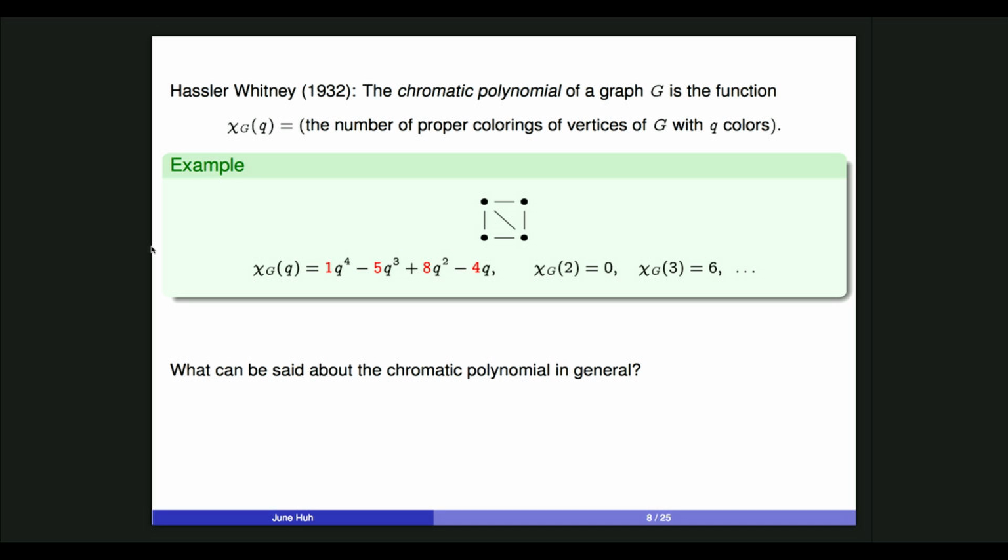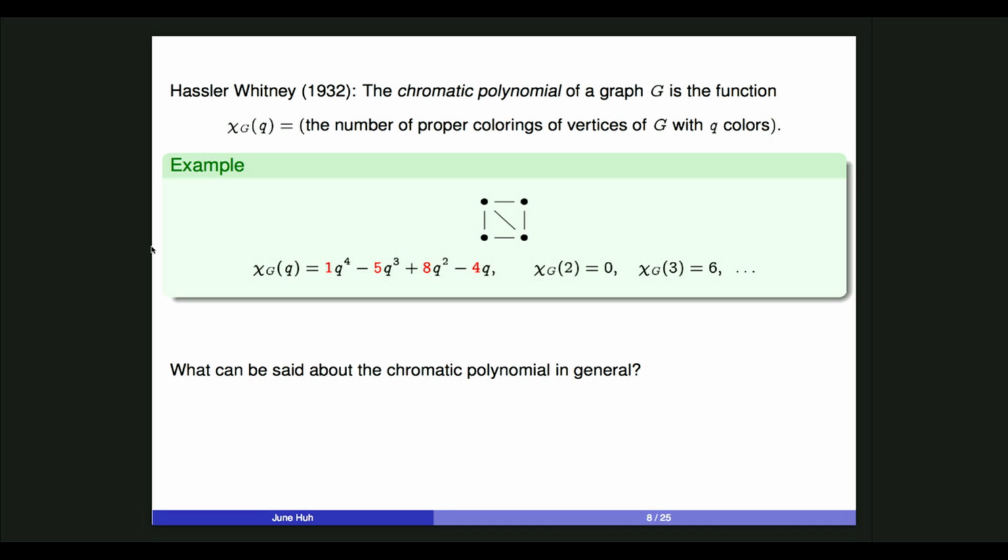So the answer is 0, and you can immediately see why you cannot color your graph using 2 colors. Your graph is not bipartite. But you can plug in q equals 3 to figure out that there are exactly 6 different ways to color the vertices of your graph using 3 different colors, and so on.